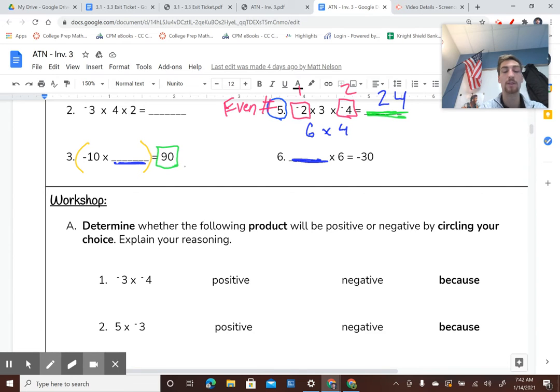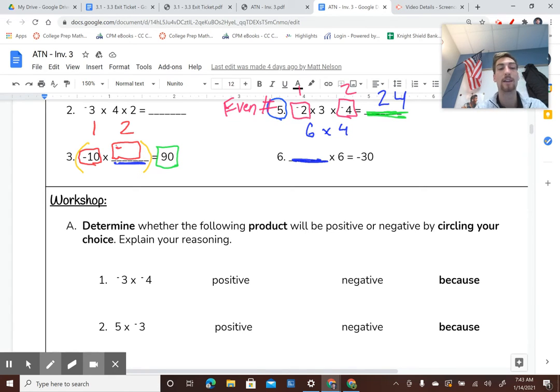And in this case, we do have a positive answer. So that tells me I need to have an even number of negative numbers. Here I have one negative number. So to have an even number of negative numbers, I'd have to have another negative number. So I'm going to go ahead and put my negative sign.